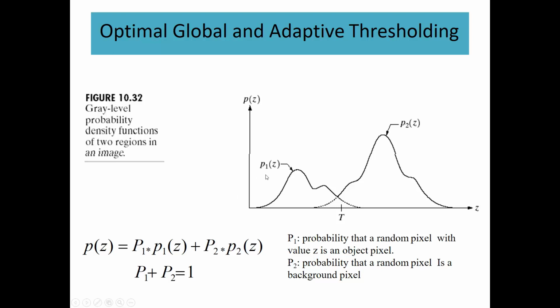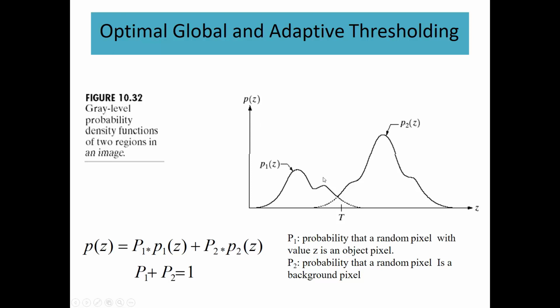Now p1(z) indicates the probability density function of the intensities of pixels which belong to, say, the background, and p2(z) is the probability density function of the pixel intensity values which belong to an object. And this overall histogram, that is p(z), can be represented as a combination of p1(z) and p2(z).